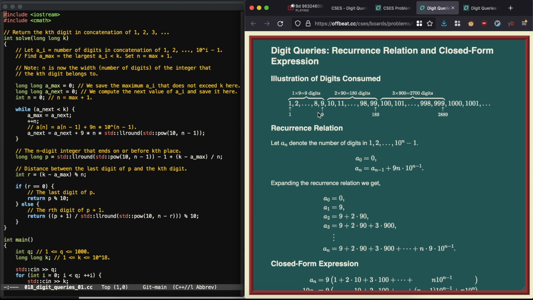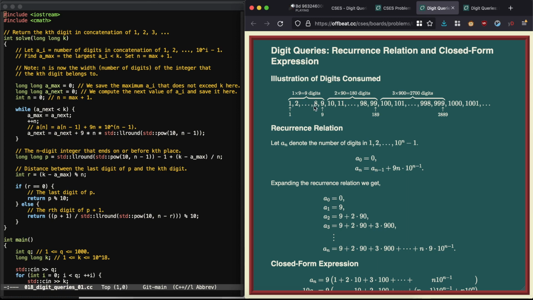And one question that we can ask is, can we tell how many digits are consumed by the concatenation of all these numbers until the largest n digit integer?